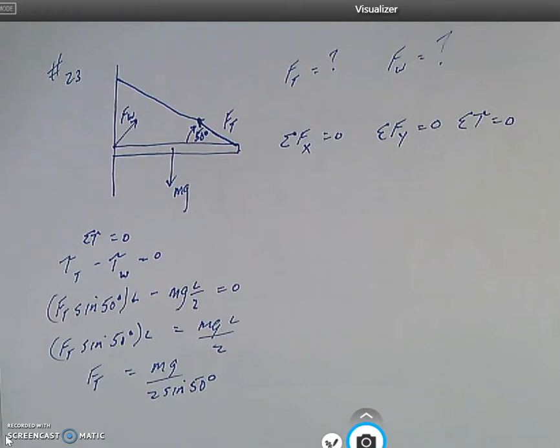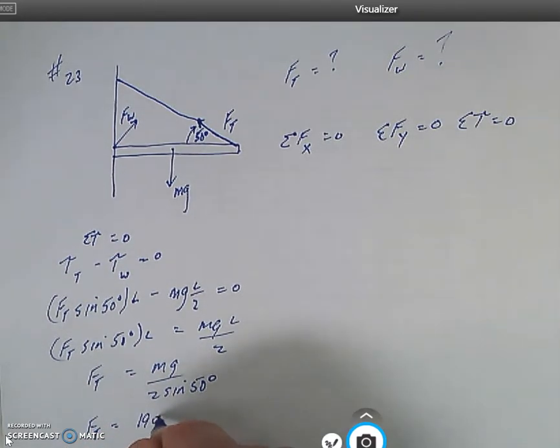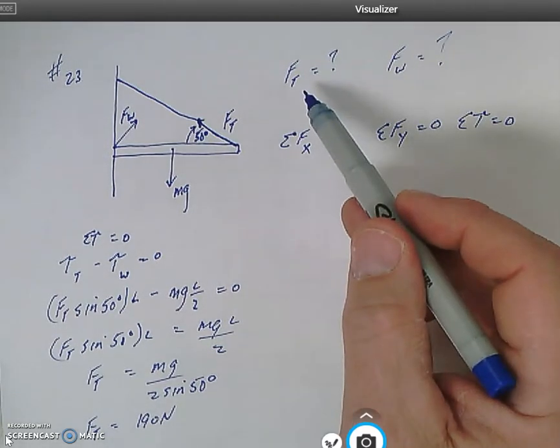And if we plug our numbers in, that tension force, the full tension force, becomes roughly 190 newtons. There's our answer right there.